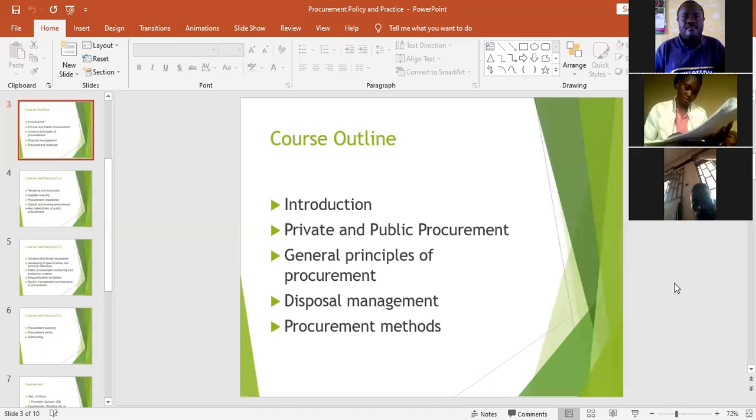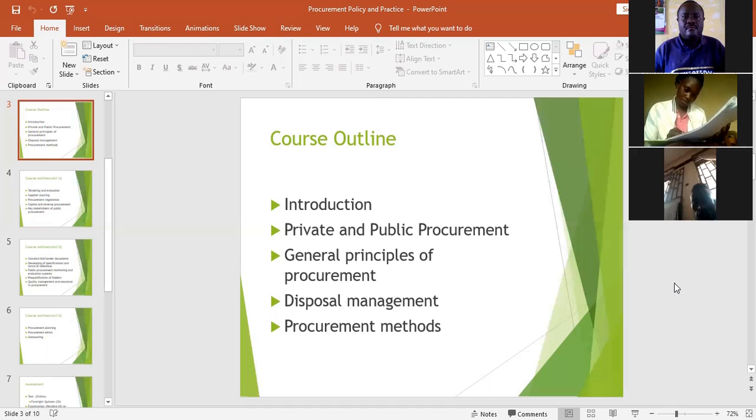But if you use this method of selective domestic bidding, you must ensure that you have invited enough domestic bidders so that you promote fair competition. Failure to do so will mean you have compromised the procurement principle of fair competition.